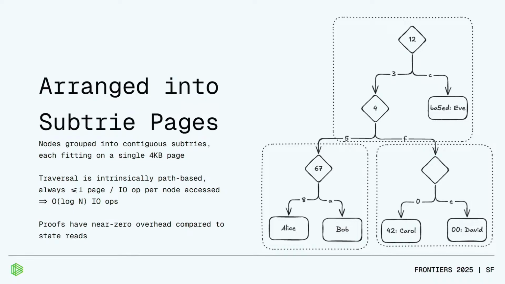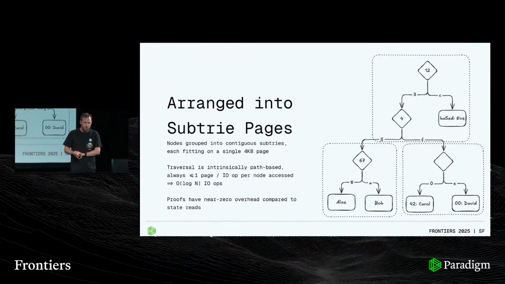So what this means is your absolute worst case performance when you go from top to bottom is log n IO operations, just the number of nodes along the way. And because we have all of our MPT data, all of our hashes, you can pretty much get a proof of state for the same cost as looking up the data, just by collecting that along the way.